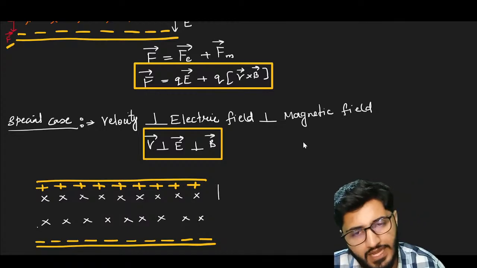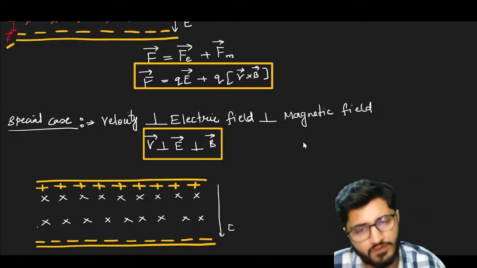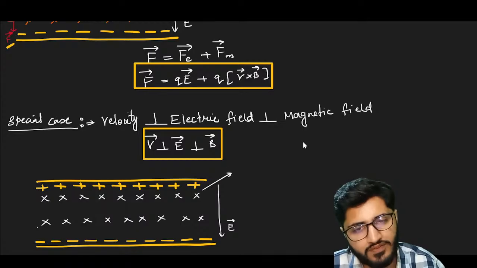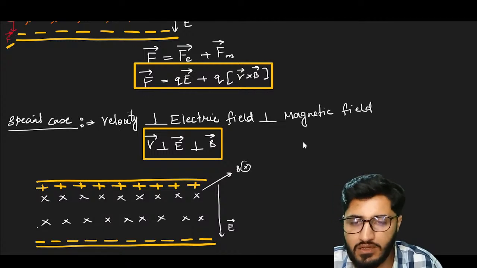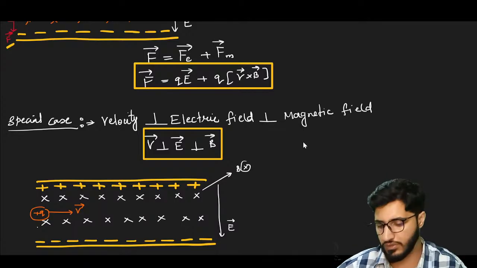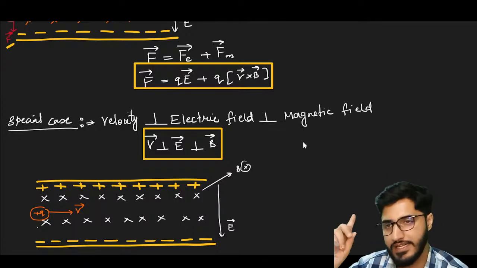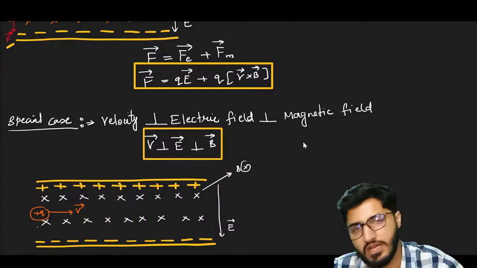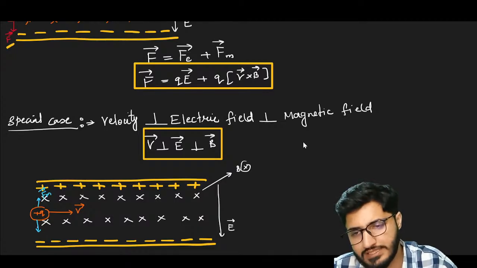That means electric field is from positive to negative, yes sir, we know it. And the cross represents the magnetic field, which is inside. Now we are placing a charged particle plus Q, and it is going in this way, velocity. We know that two forces are present here now. One is magnetic force, in upward direction, Fm. One is electric force, that is downwards.